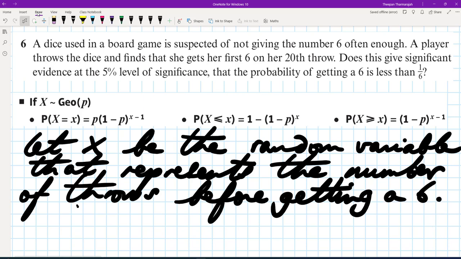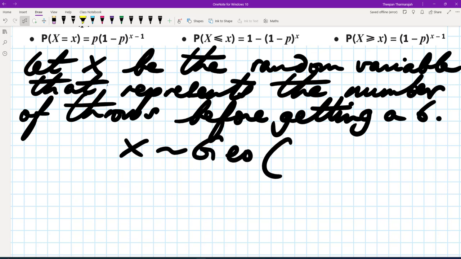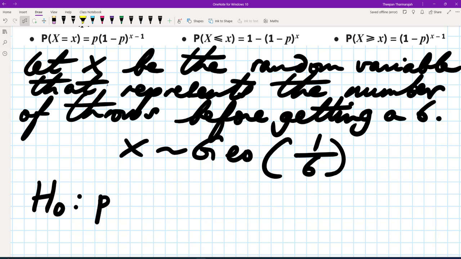Right. So now we're going to define our model. So we're going to say x follows the geometric distribution of the probability, which is, if it's hypothesized to be true, that means if the null hypothesis is true, it will be 1/6. And null hypothesis H0 is that P is 1/6.